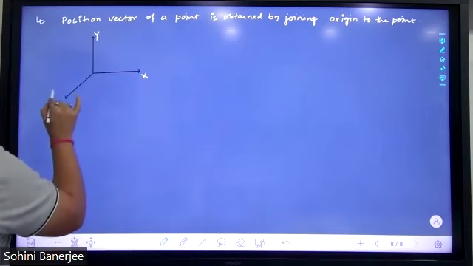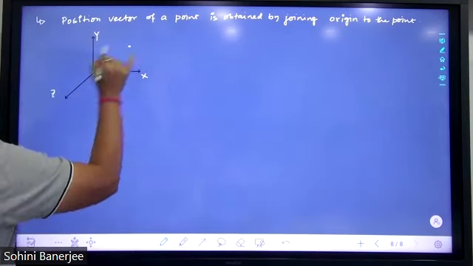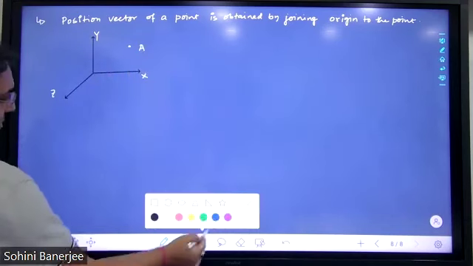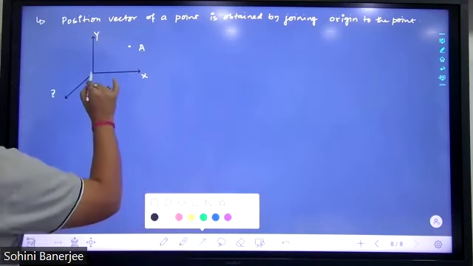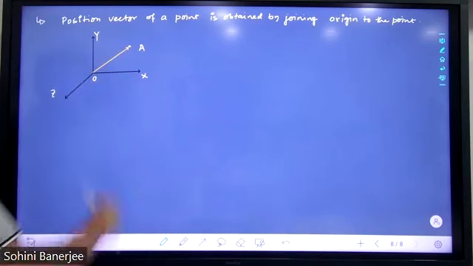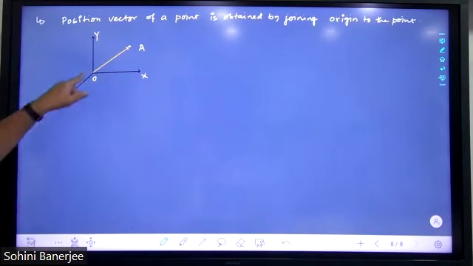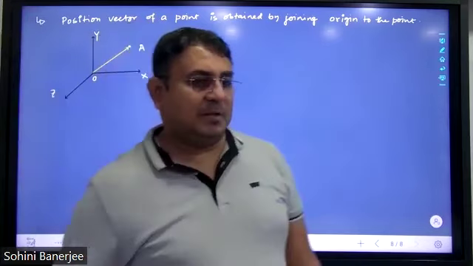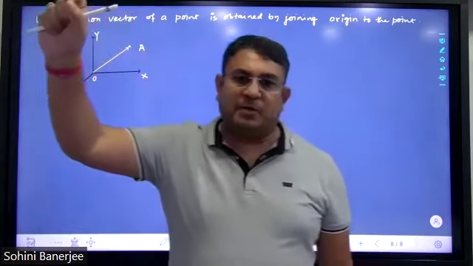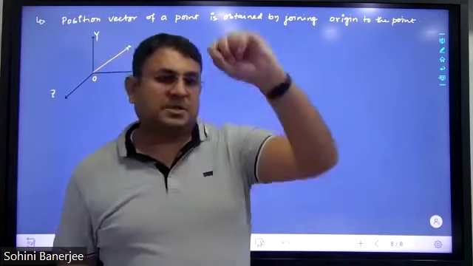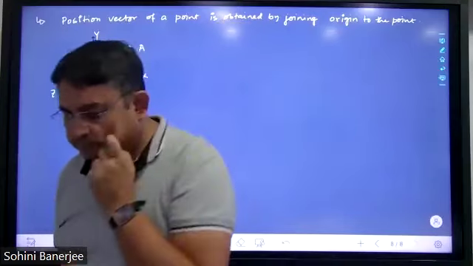Say XYZ, and say this is the point A. So the position vector for the point A is obtained by joining the origin to the point. The arrow should be given from the origin to the point. This is the position vector for the point. The arrow is from the origin to the point. That is called the position vector of the point.